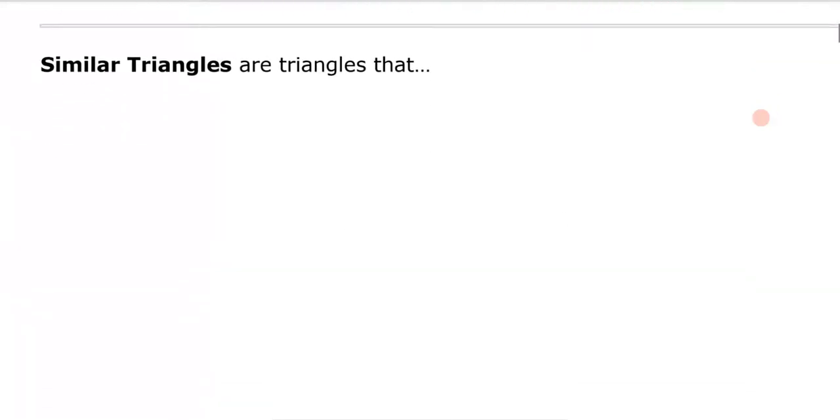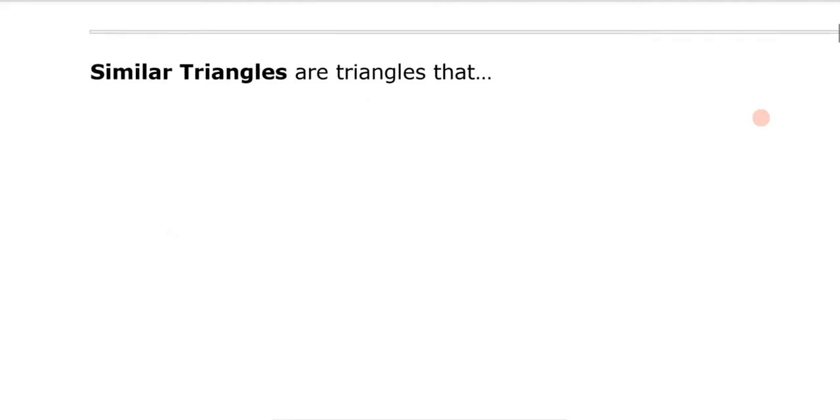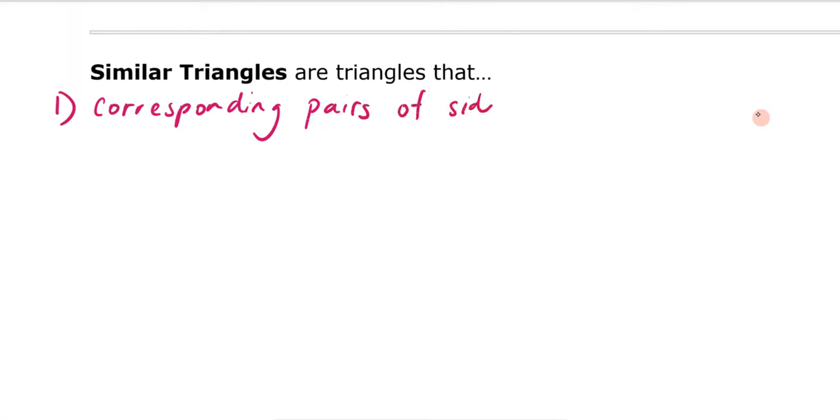So we talk about similar triangles. This unit's all about studying triangles, not squares, rectangles, or other shapes, just triangles. And there are two things about triangles that we need to know to say that they are similar. One is that corresponding pairs of sides have the same scale factor.